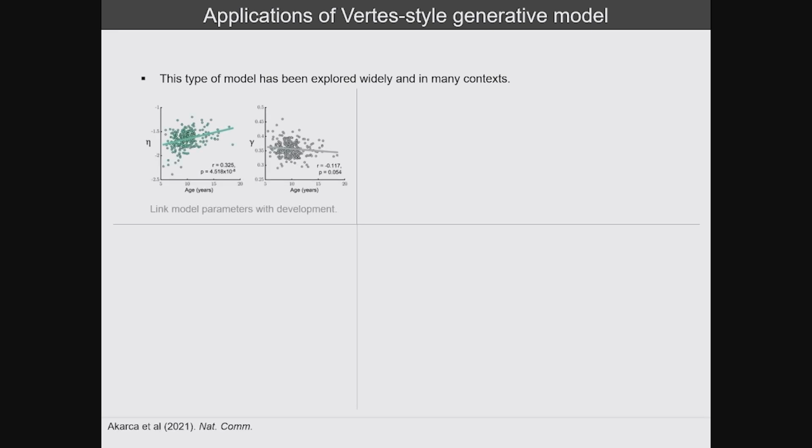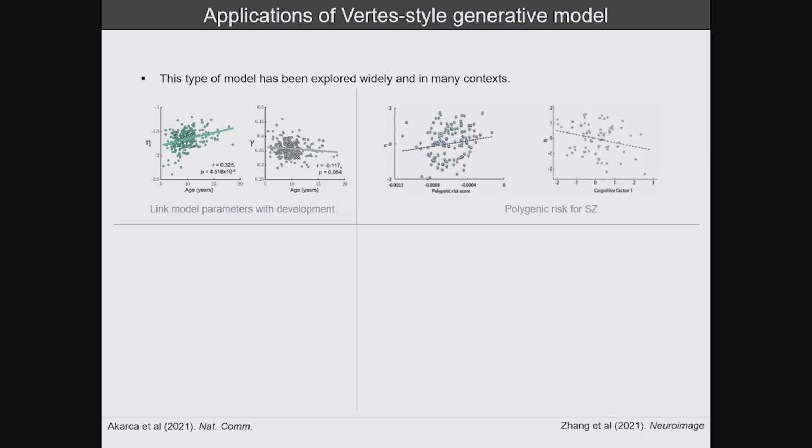Now, I'm almost done. Just a couple words on extensions of this model and other applications. So I said, Petra invented it. We did stuff with it in 2016, but it's been widely used now, and I think it's becoming even more widely used. So people have used this model in much narrower ranges of biological age, focusing on development, linking the parameters to biological age.